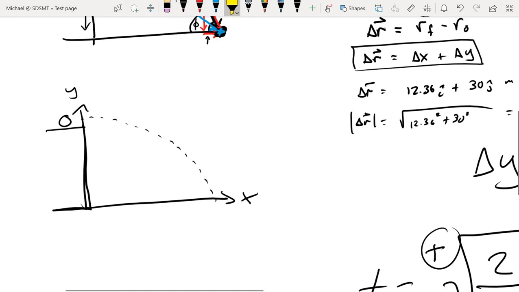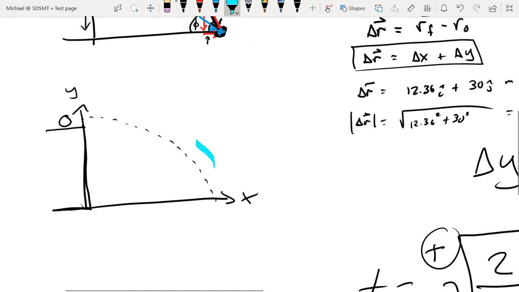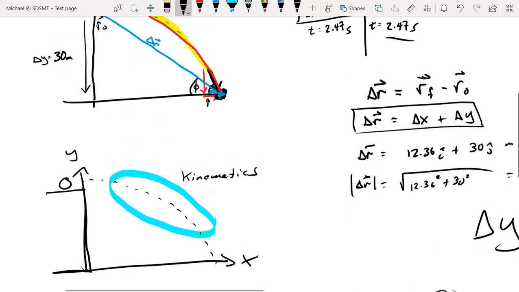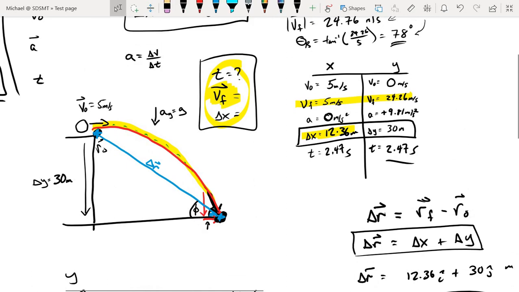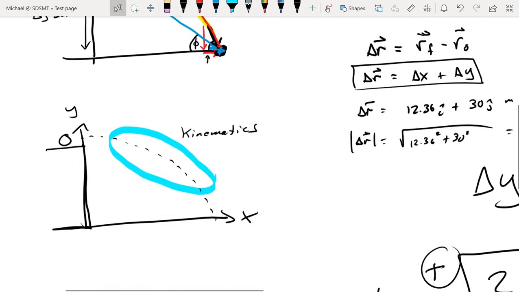And everything that we have for the motion of the ball right there, everything in here has to be described using the kinematics. So what we did by breaking everything up into the x and y components and carrying through with two one-dimensional problems, that's the kinematics.